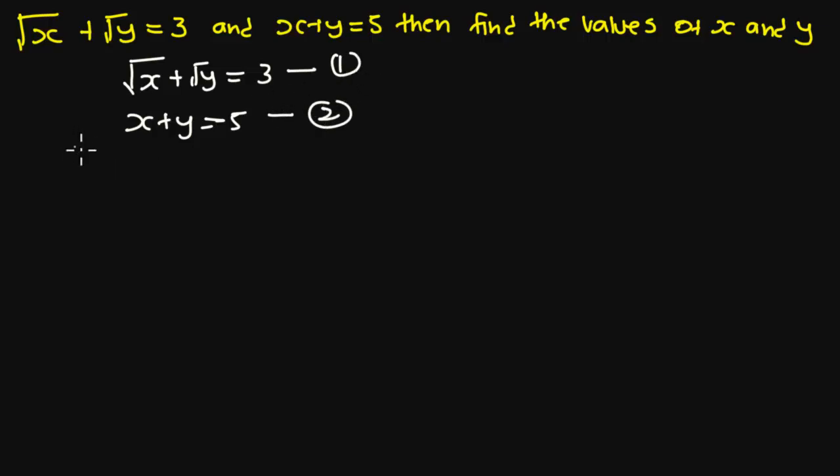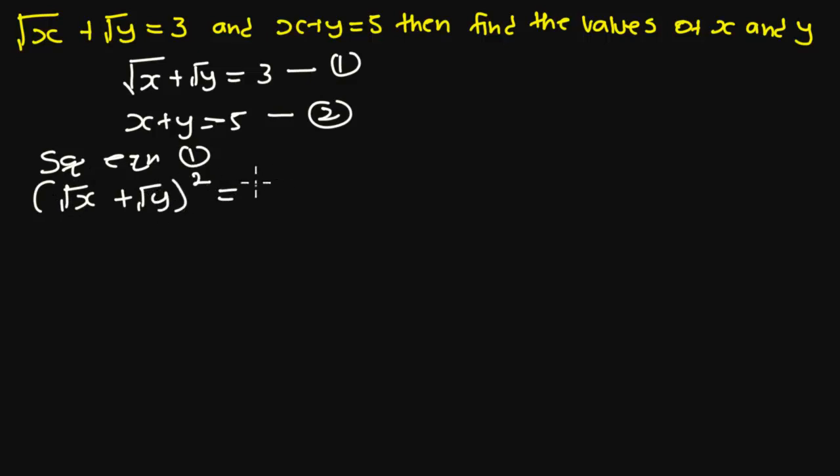Now I'm going to square equation 1. So I'm going to have the square root of x plus the square root of y all squared is equal to 3 squared. And from here, when we have a plus b all squared, this is the same as a squared plus 2ab plus b squared.